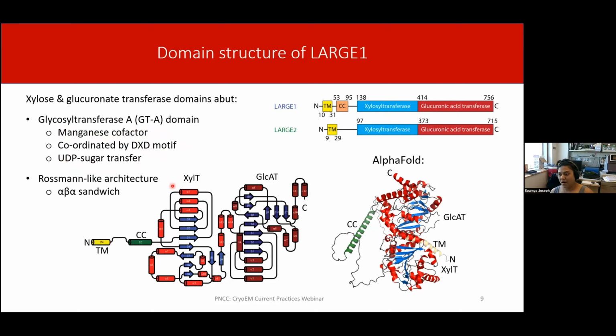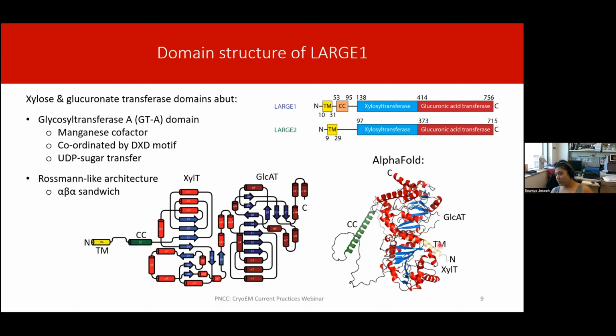And their architecture is Rossmann-like, which means they have an alpha-beta-alpha sandwich. So if you flatten the secondary structure out of LARGE1, you will get this beta sheet in between two alpha helical red pieces, I guess. And this architecture just repeats itself for the glucuronic acid transferase domain as well.